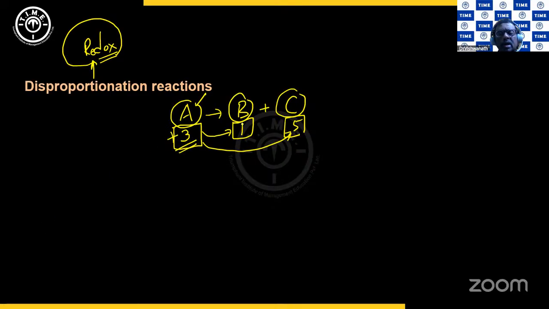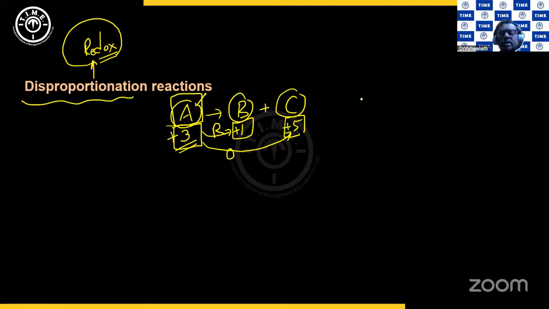But in B, its oxidation state has come down to +1. And in C, it is +5. So it is undergoing both oxidation and reduction. So any substance that undergoes both oxidation and reduction is said to undergo disproportionation. So disproportionation means oxidation and reduction happening on the same species. Clear? On the same atom, both oxidation and reduction take place.